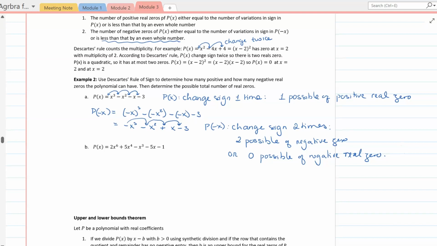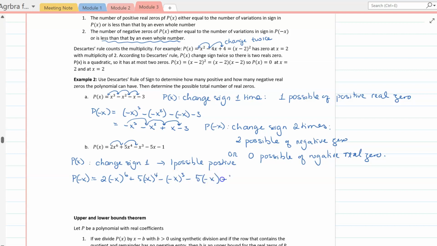Let's take a look at the next one. So P of x starts with positive to negative. So we change sign once. So one possible positive real zero. And let's take a look at P of negative x. That is 2 times negative x to the 6th plus 5 times negative x to the 4th minus negative x to the 3rd minus 5 times negative x minus 1.